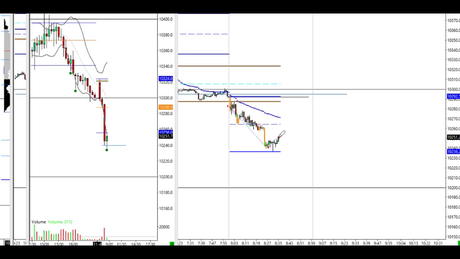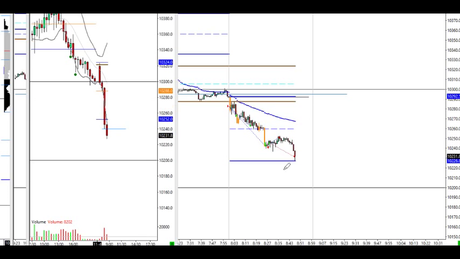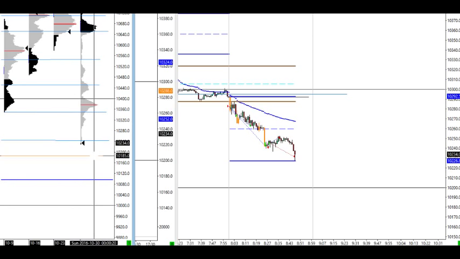Scale out some of my position here, willing to hold for this kind of setup. To see now if price can go down towards this 200s level, 184s exactly.